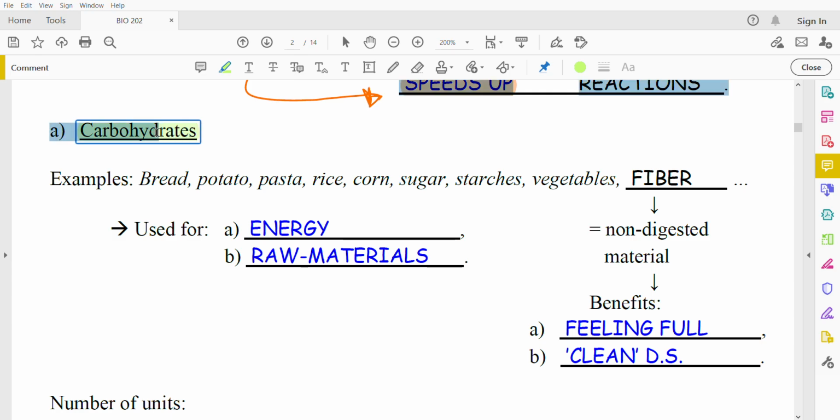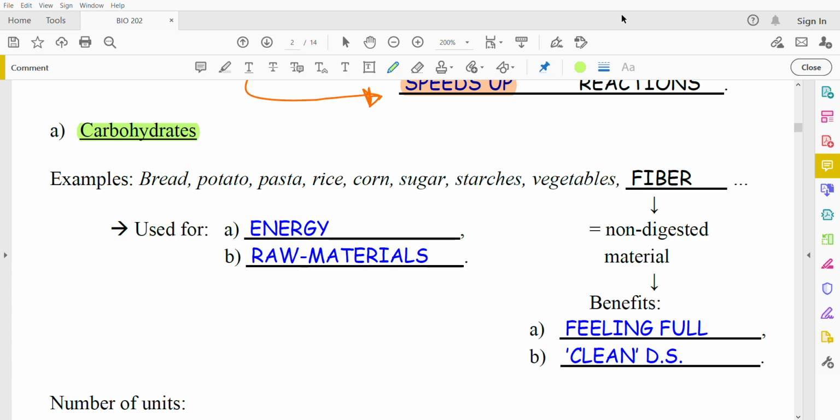And I'm just going to try to highlight them a little bit more here. So in this part of the chapter, we had a look at carbohydrates. And I think that many of us can think of many examples of carbohydrates.